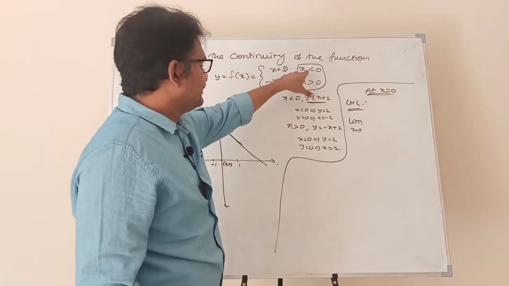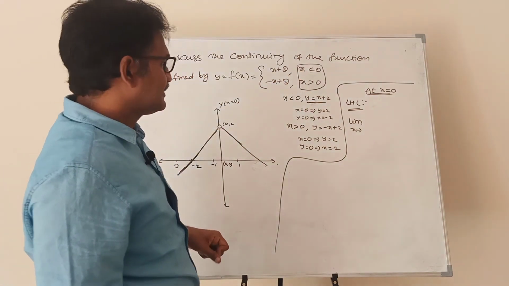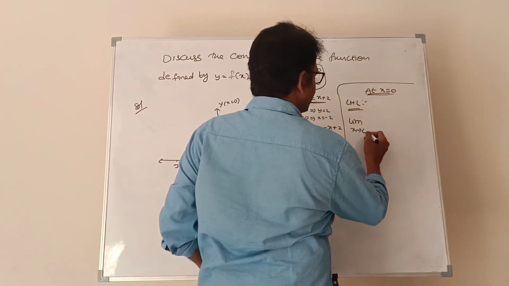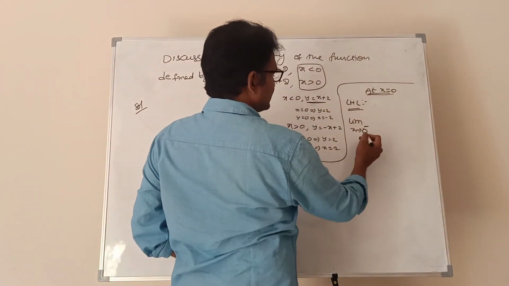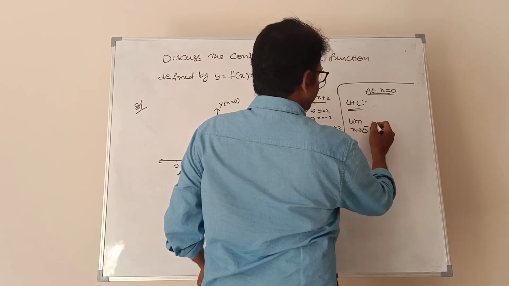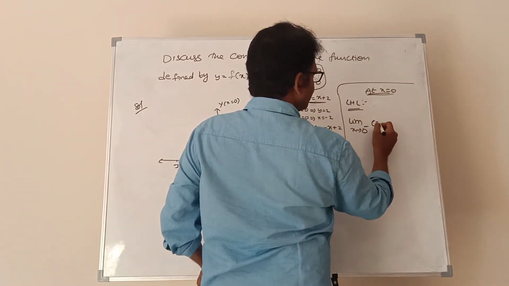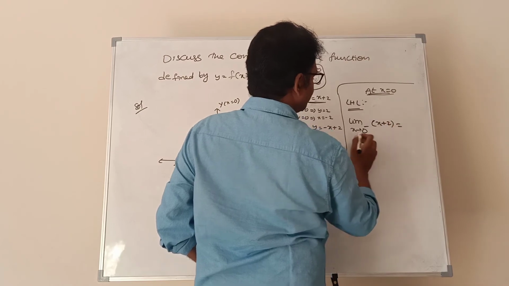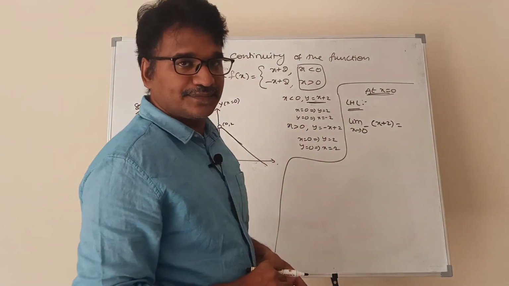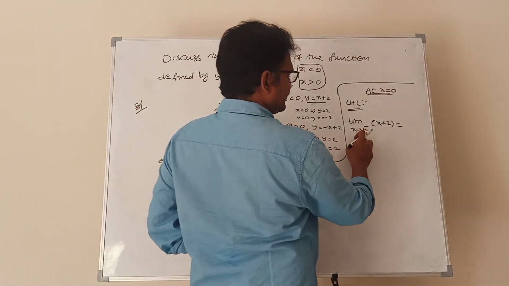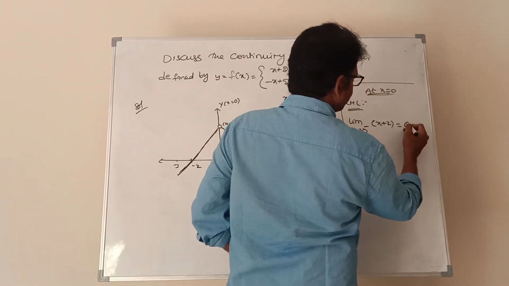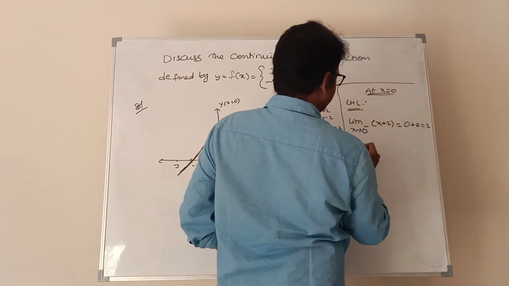Only at x value 0 you need to check the continuity. X tends to the left hand side of 0 means x less than 0, minus f of x. F of x is how much? X less than 0 means x plus 2. 0 minus means approximately equal to 0. Substitute here: 0 plus 2, which is 2.